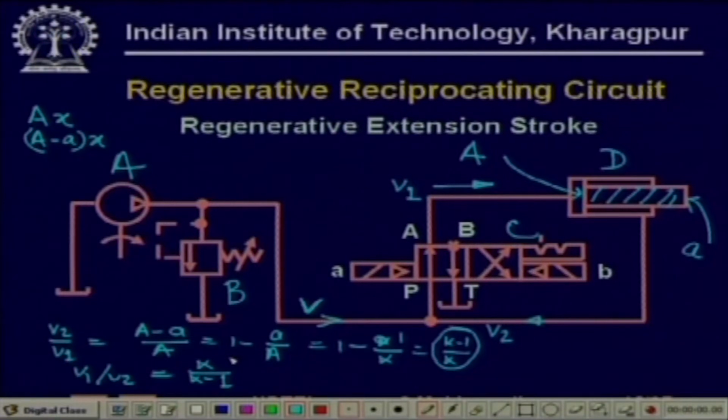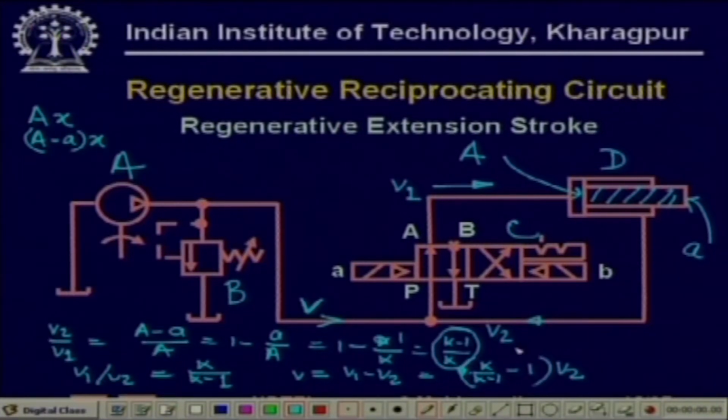So, again V is equal to V1 minus V2, so it is V1 minus (K minus 1) by K into V1, where V1 is equal to K by (K minus 1) into V2, so it is K by (K minus 1) minus 1 into V2.